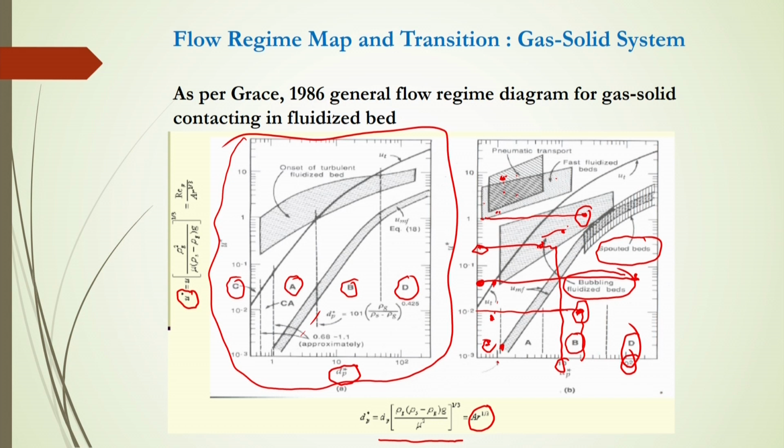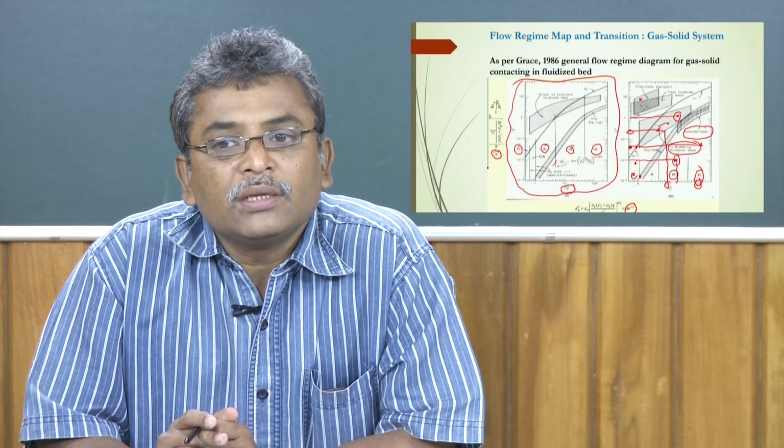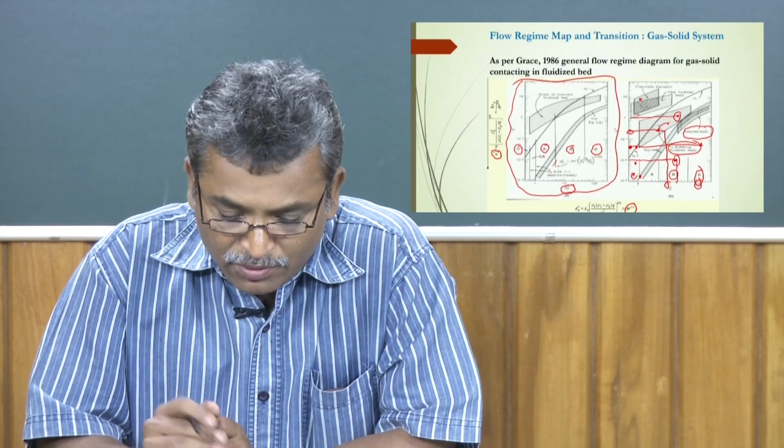So, in this way, before starting your experiment, if you want to apply fluidization for a specific operation, and you know the operation will be favorable in bubbling condition, then you can select the operating condition from this fluidization map.